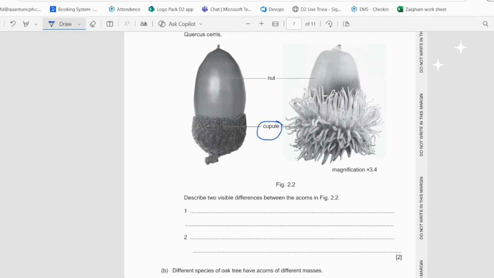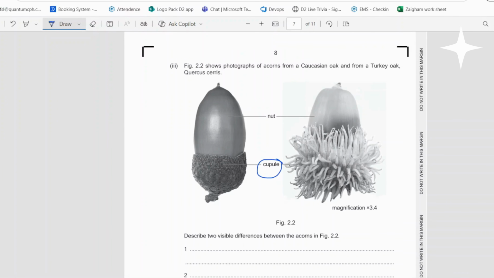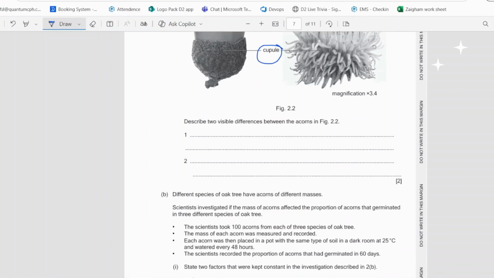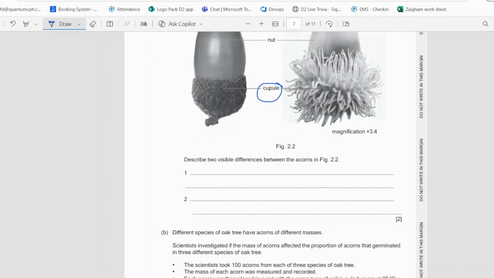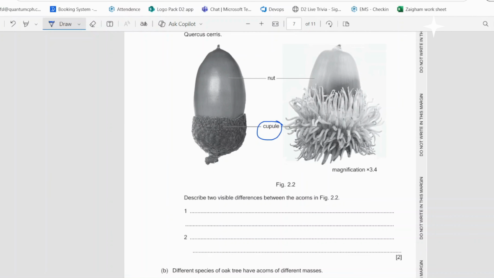Okay, correct. Lighter color. Okay, two differences are enough. Or moreover, we can talk about the tip. The tip for this oak is more pointed as compared to the other one.